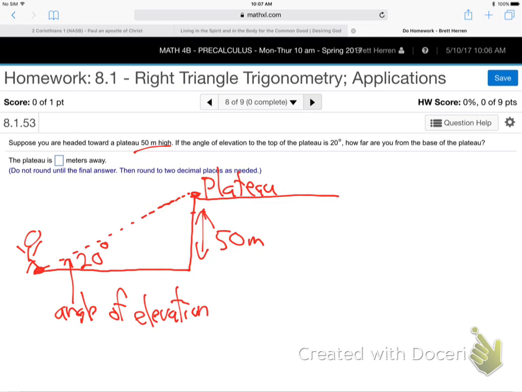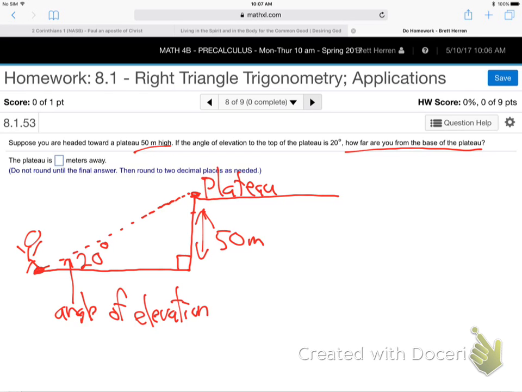So there's flat, horizontal, and then there's how far you've got to go up for elevation. Does that make sense? Angle of elevation, how much elevated above flat? Above 0 degrees, right? So 20 degrees, 50 meters high, right triangle. And what do they want me to find? How far are you from the base of the plateau?